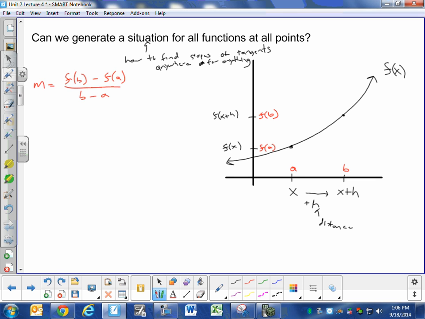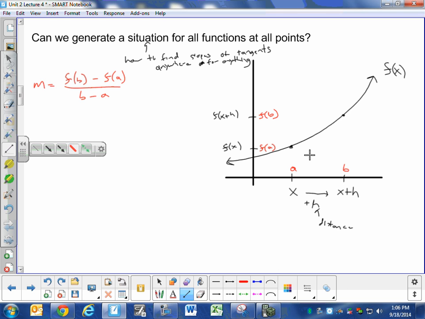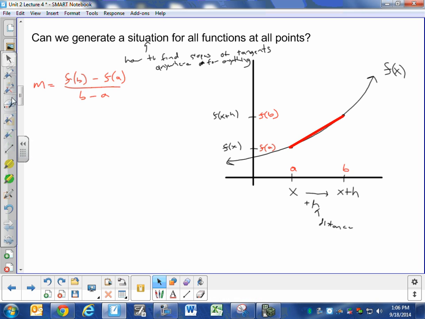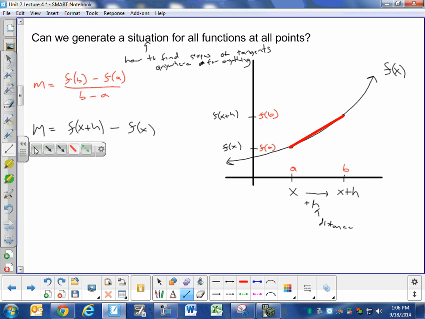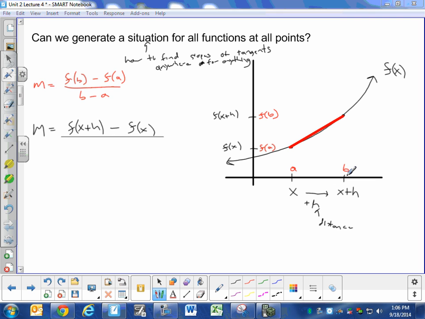Well, let's plug this stuff into my slope formula to find the slope between these 2 points, here and here. Slope equals f of b, which is f of x plus h, minus f of a. F of a is f of x, divided by b.